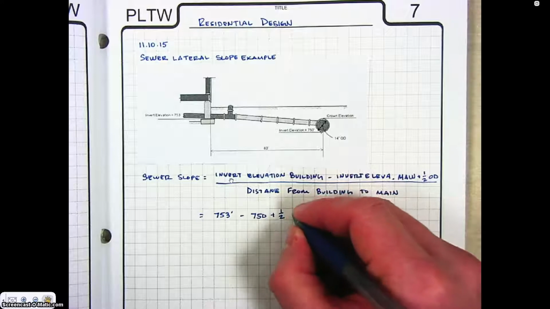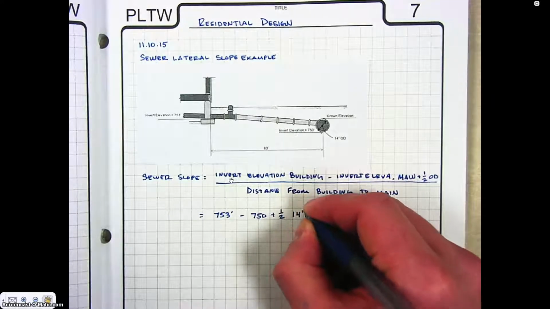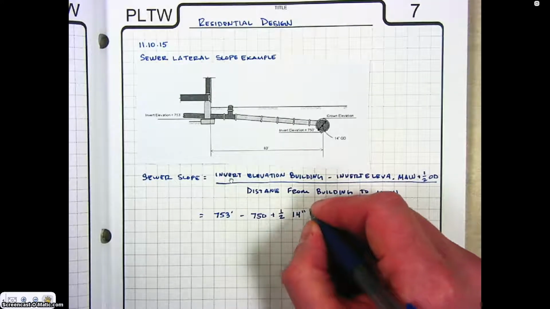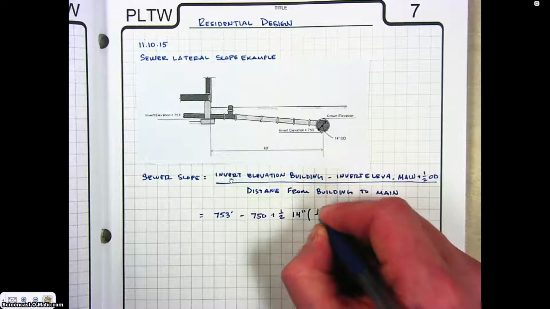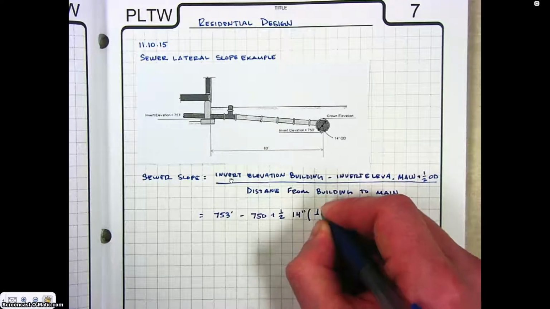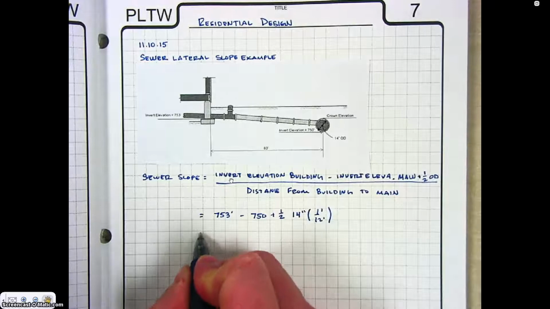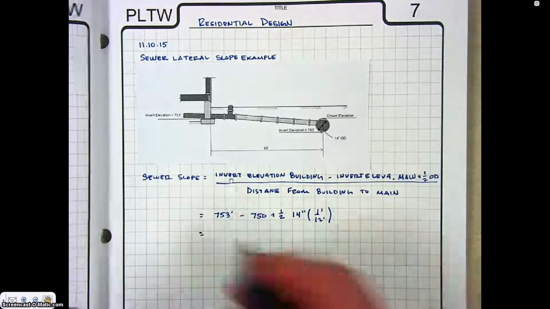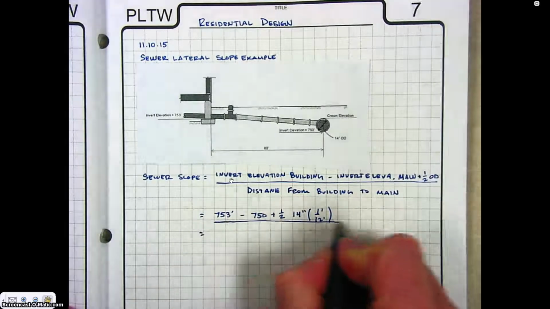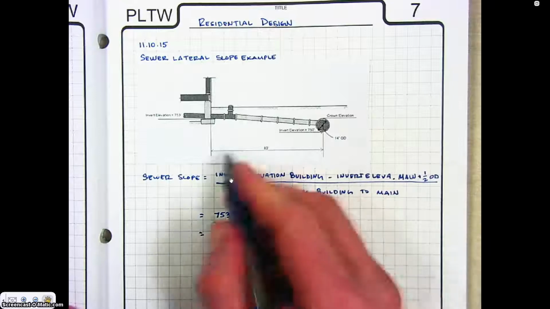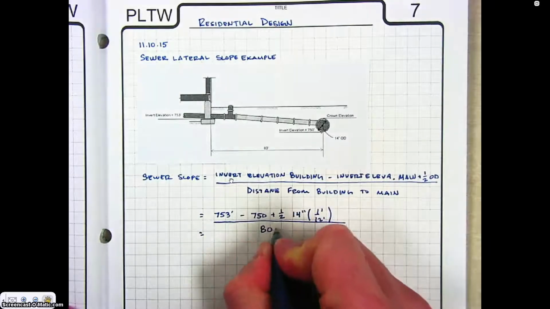We have to convert inches to feet, so 1 foot is equal to 12 inches. Then all that will be divided by the distance from the building to the main, which is 80 feet.